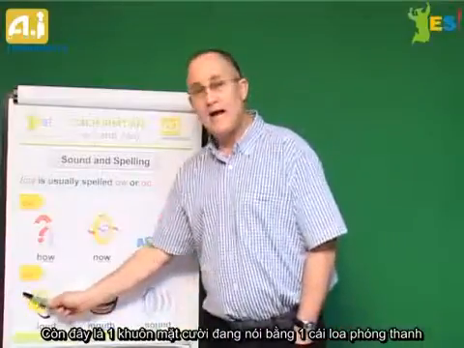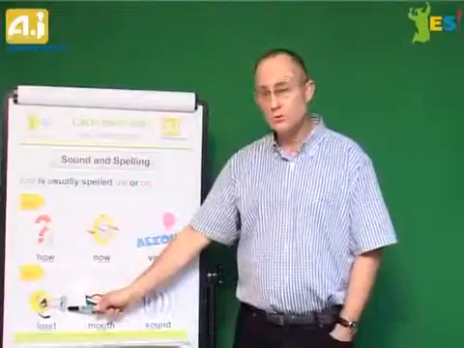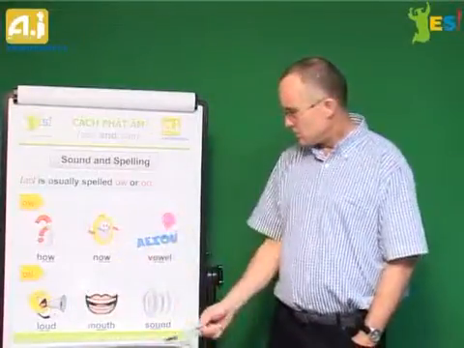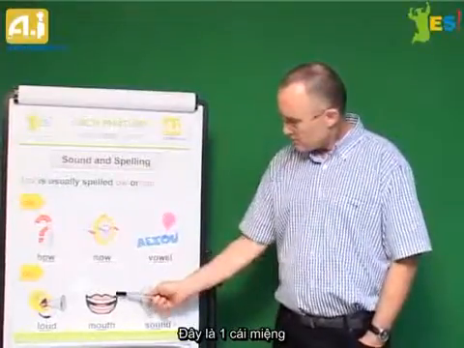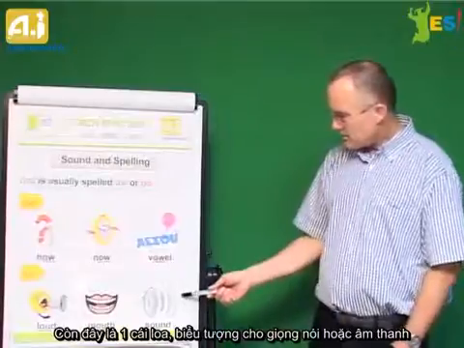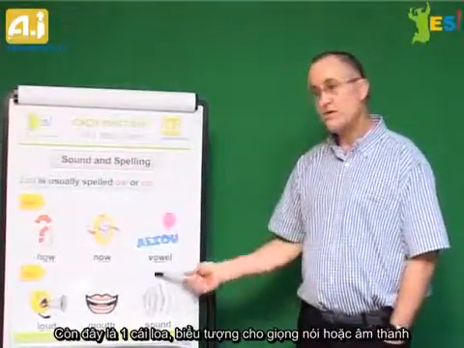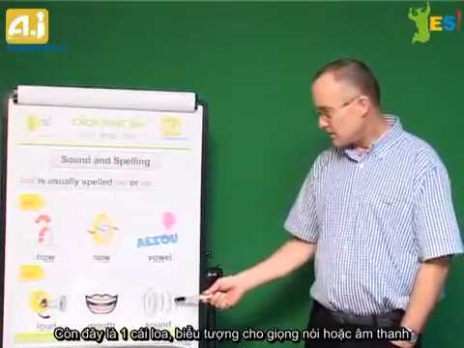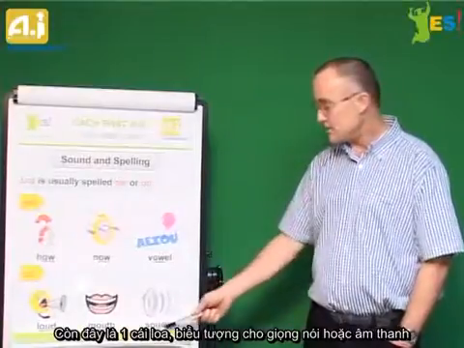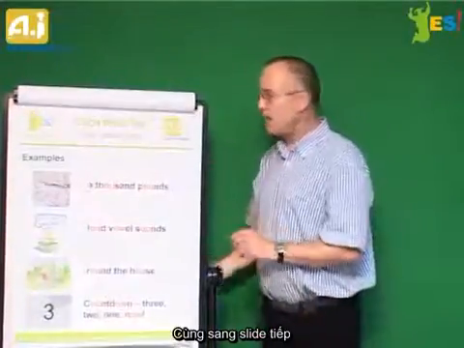Here's a smiley face talking into a megaphone, and he is very loud. Here is a mouth. And this looks like a speaker, maybe for a stereo. These represent noise or sound. Good. Let's continue to our next slide.